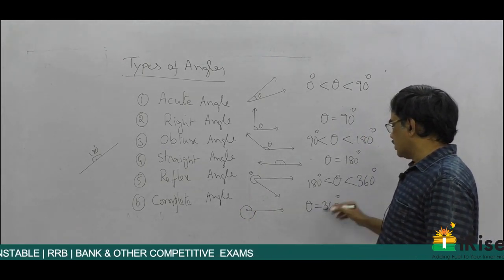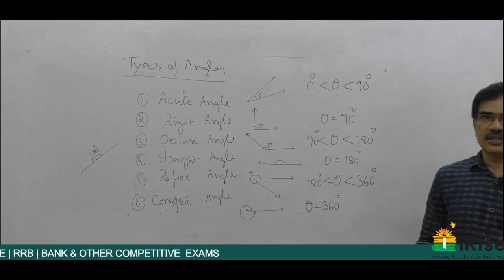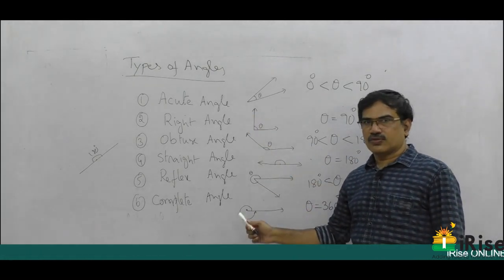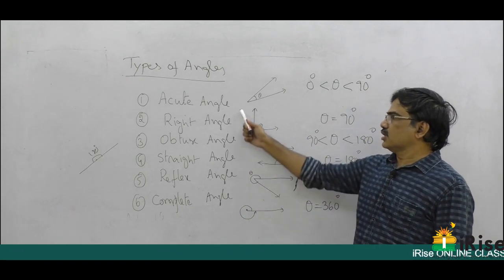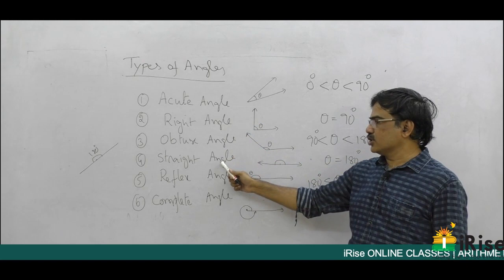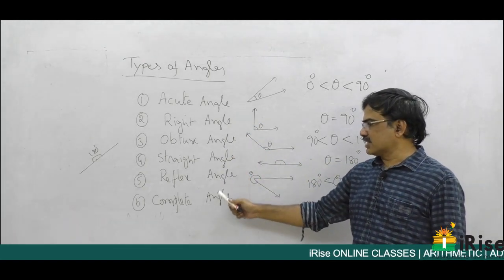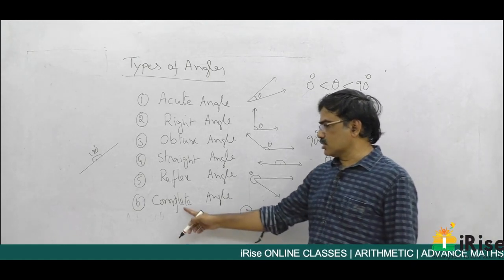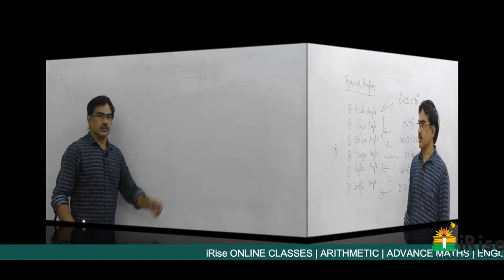Complete angle is always 360 degrees. These are the different types of angles: acute, right, obtuse, straight, reflex, and complete angle, also called total angle.